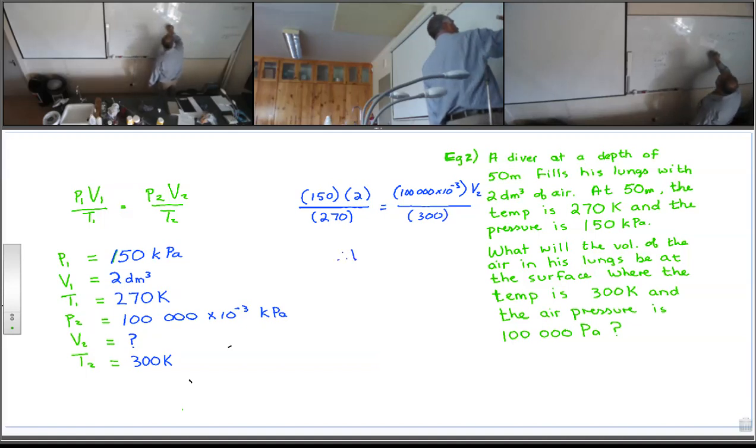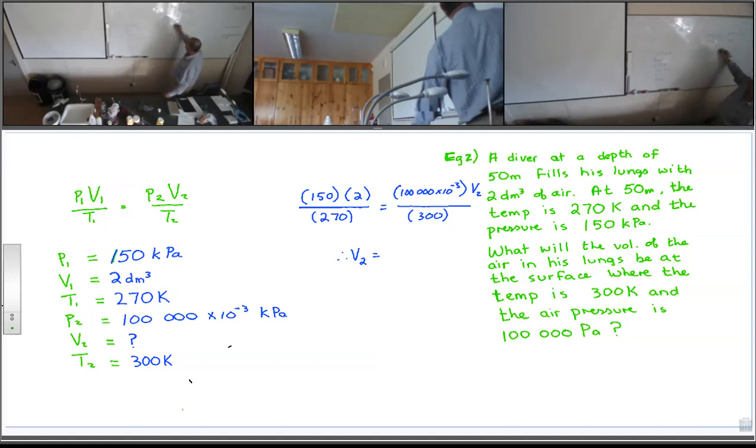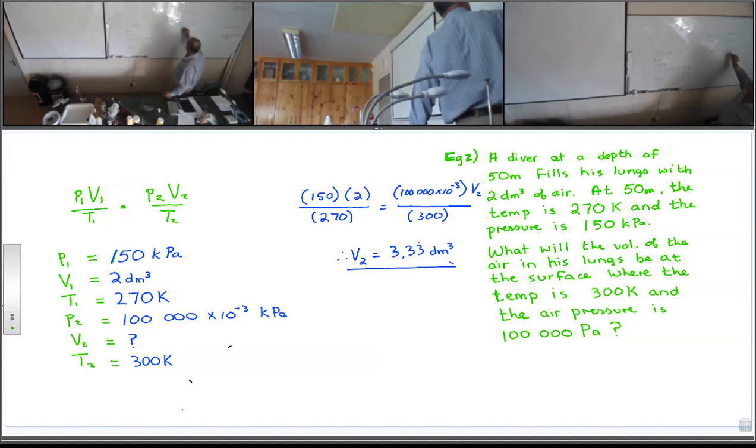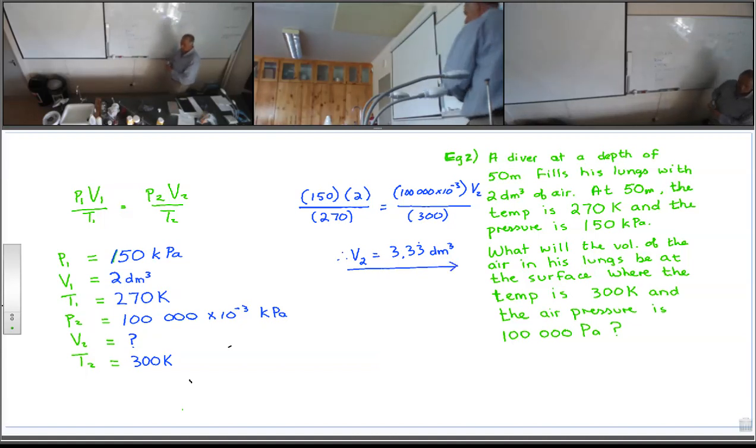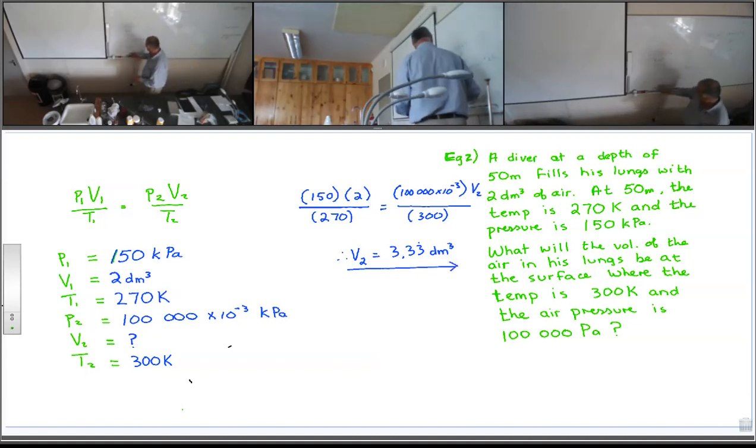When you do that, V2 comes out to be what? 3.33 recurring decimeters cubed. Right. What's the problem?